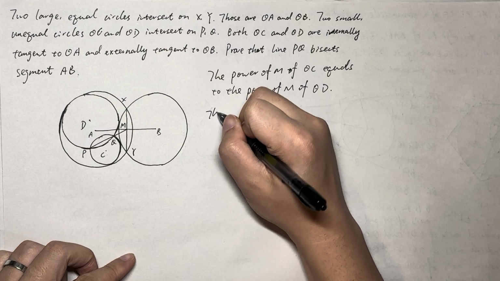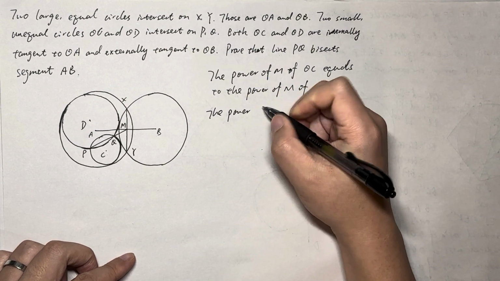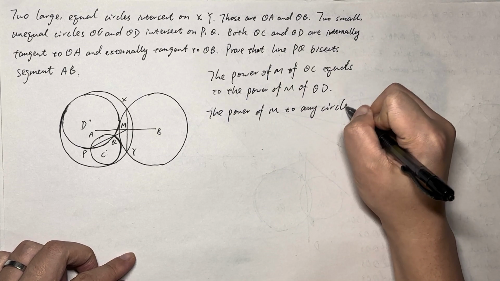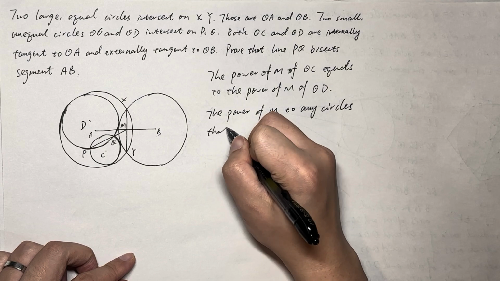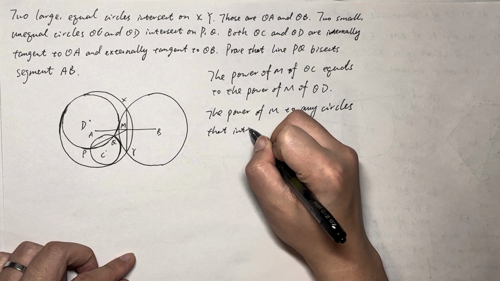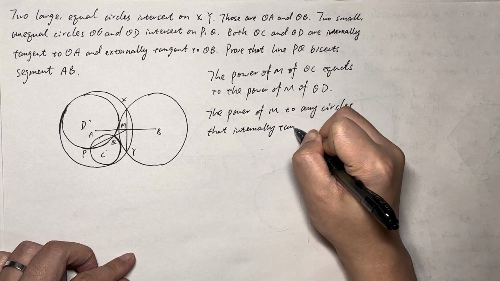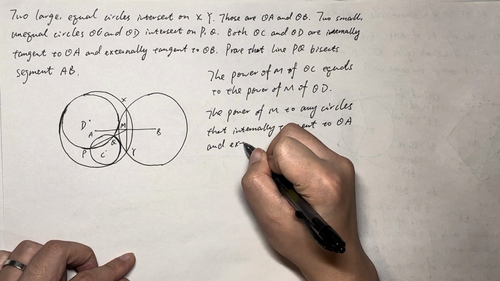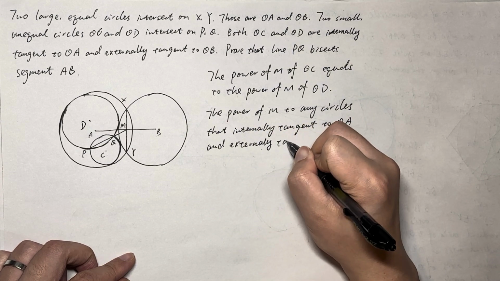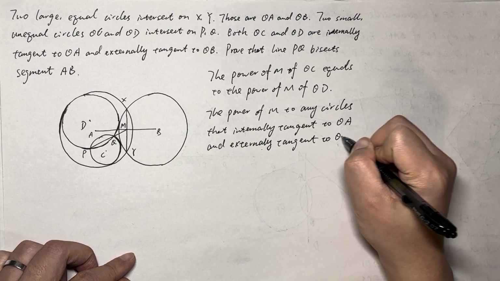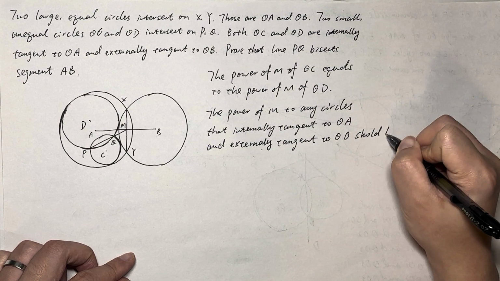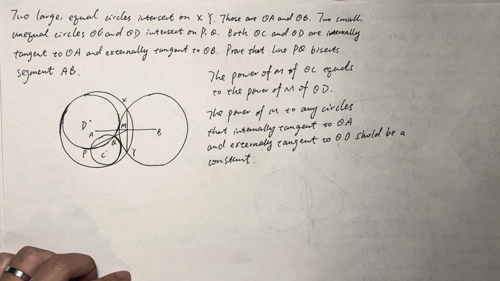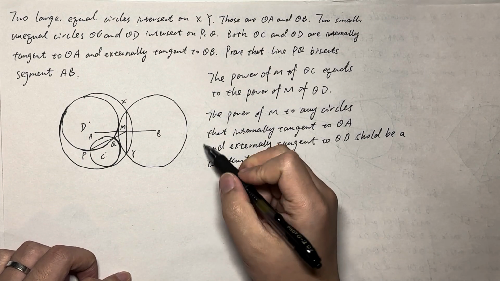The power of M to any circles that are internally tangent to circle A and externally tangent to circle B should be a constant. Right, that's our guess.